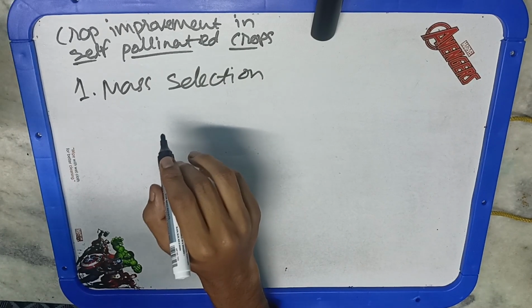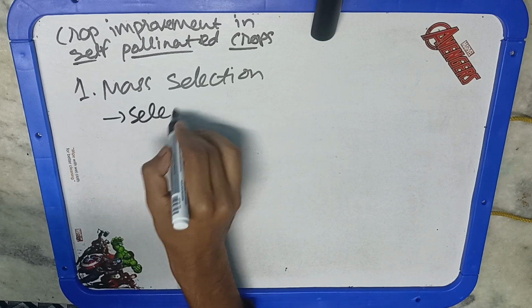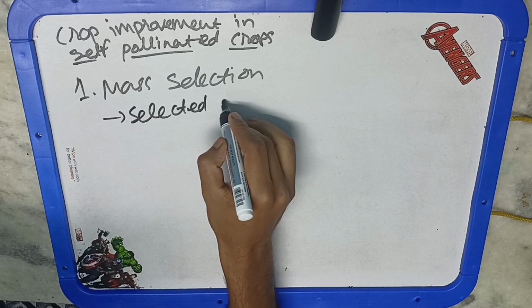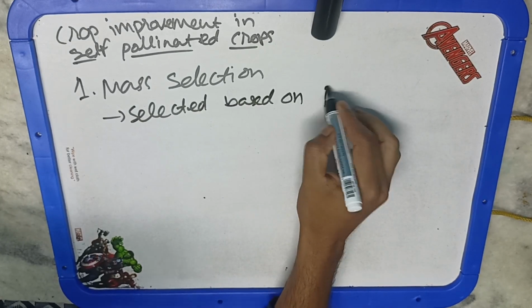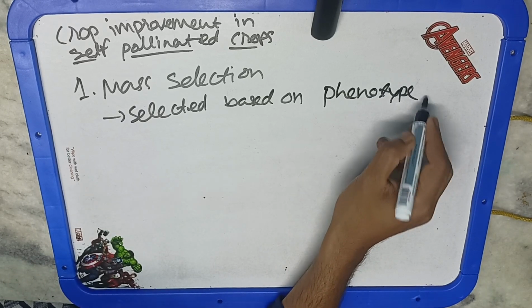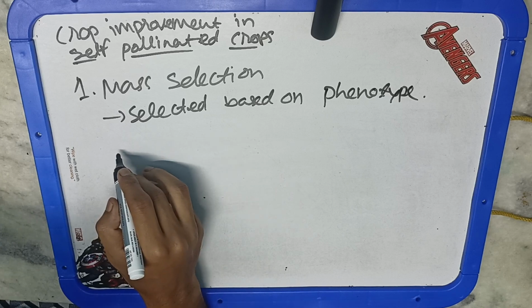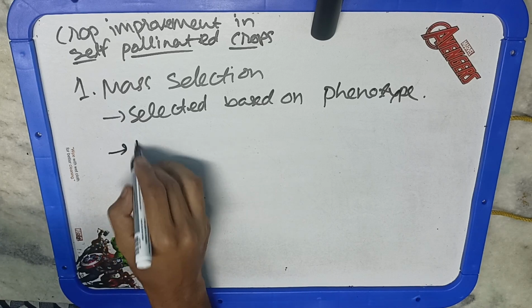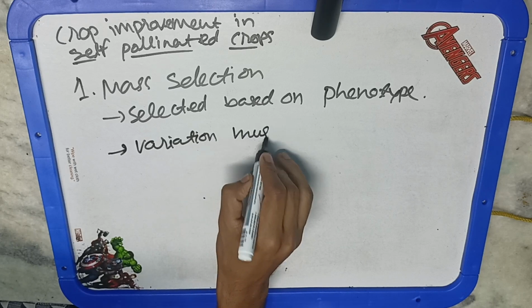In this, what we generally do is individual plants are selected on the basis of phenotype. Means, if we want a variety having a particular height, but in a population, in a field, we have some plants of this height, some of this height, some of this height. So we will purposefully select the specific plants having the same type of phenotypic characters.